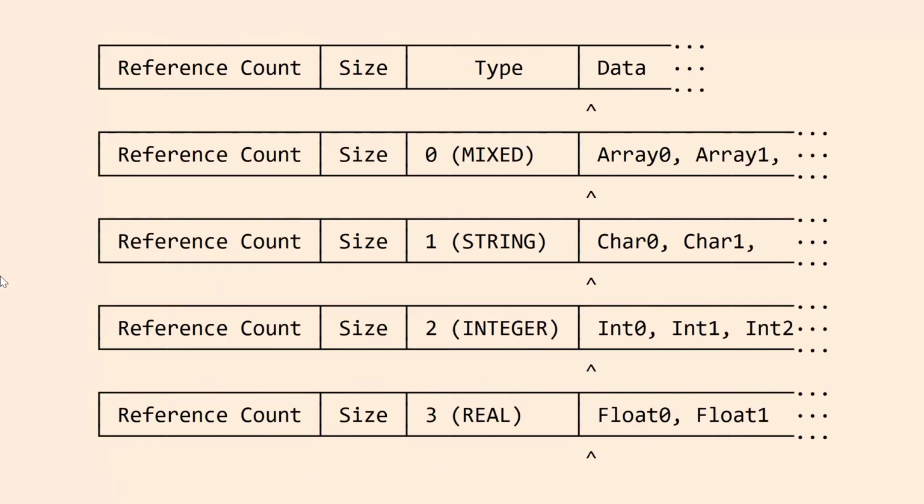The pattern that I've cribbed from Cozy actually is that I want to have a single type array where I have the type indicated in one cell, the size, a reference count, and then I have the data in whatever type. For each type, it's uniform within that particular array. So if it's an array of characters and is a string, it's all characters.